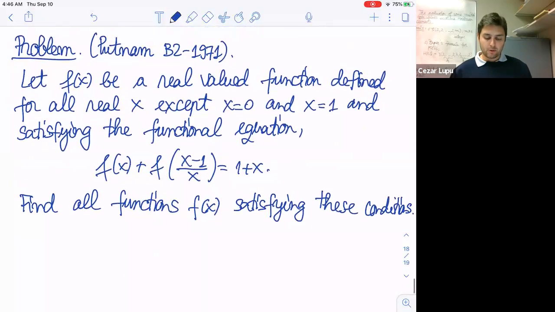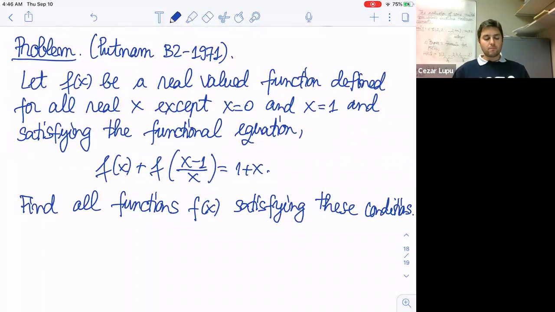Okay, let's look at the problem. Well, it's quite easy. It's very, very similar to the problem that we did earlier. We just have to replace a bit. Anyway, let's see.